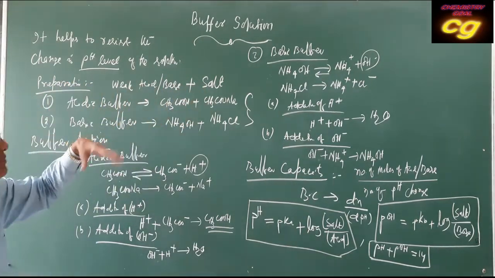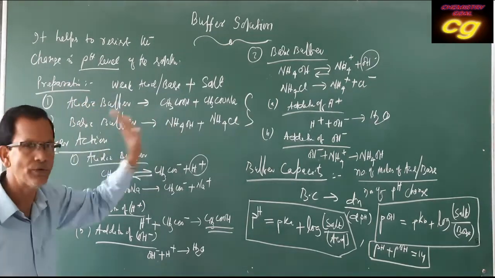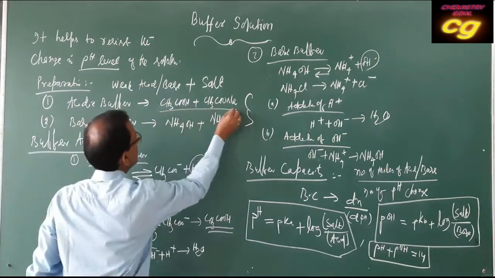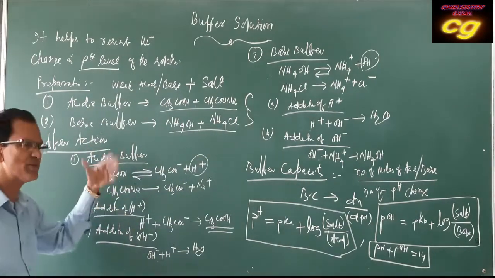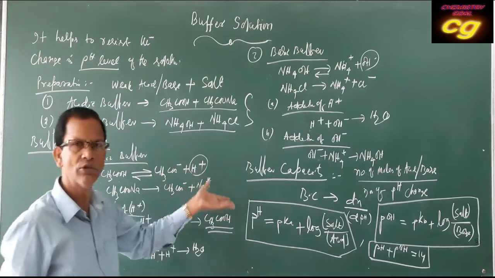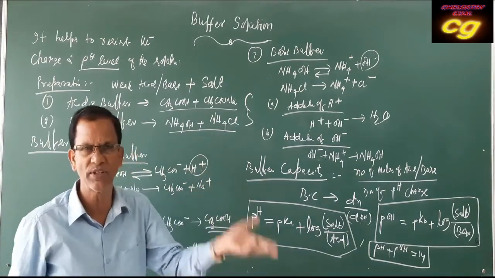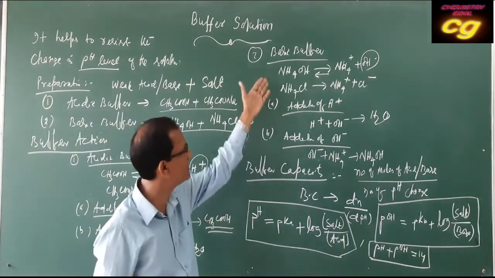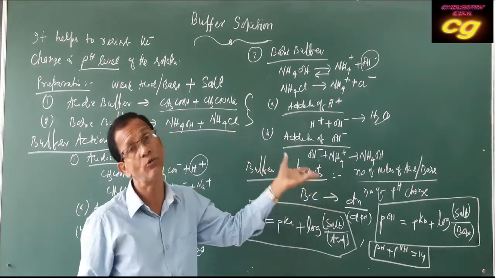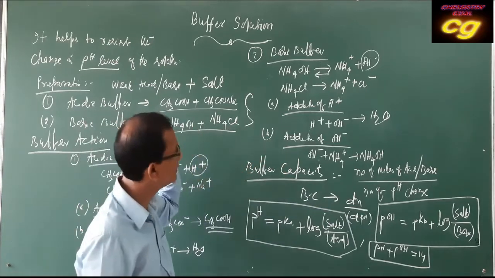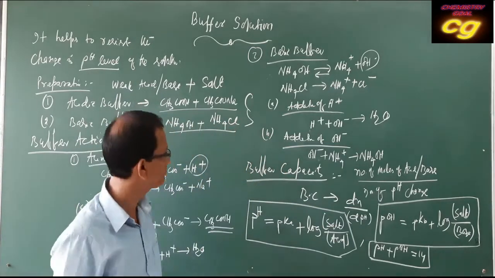Buffer solutions are of two types, acidic buffer and basic buffer. Then buffer action: we have already discussed how, when H plus or OH minus is added to either an acidic or basic buffer, the pH level remains the same. H plus or OH minus will not increase; it maintains a constant pH level.